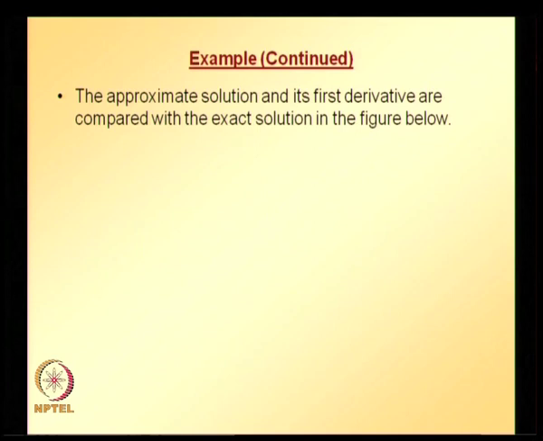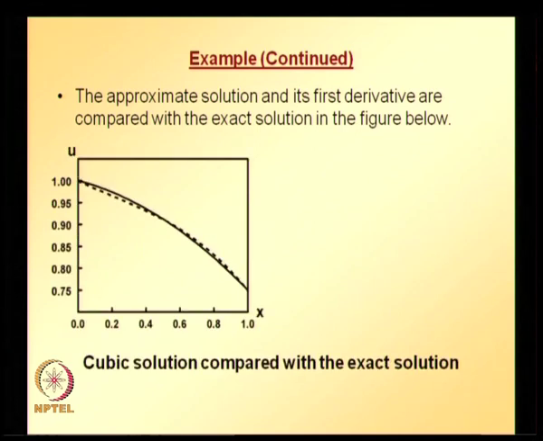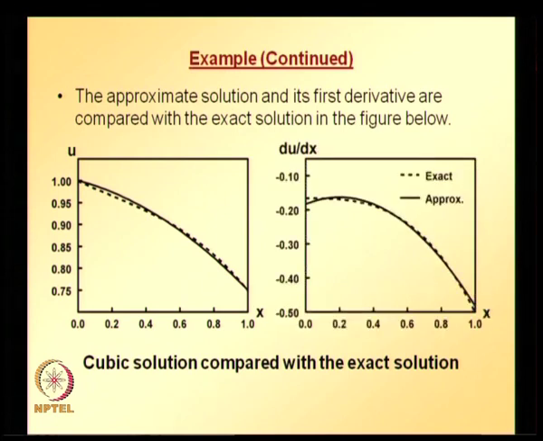Here the plot shows how the approximate solution and its first derivative compare with the exact solution for the cubic trial solution. If you recall, earlier with the quadratic trial solution there was a lot of error at this location and at this location. Now the error got reduced. Okay. So now we will repeat this problem with a 4th order polynomial or quartic trial solution.